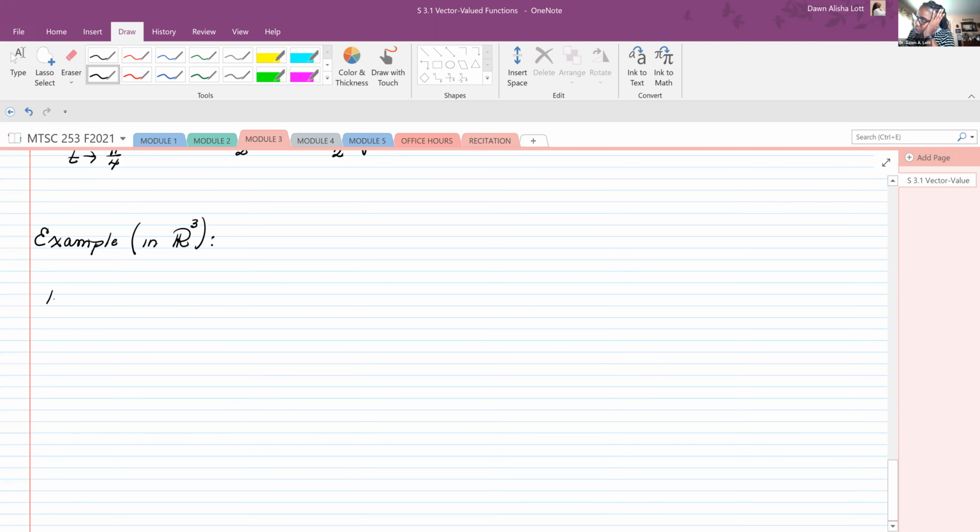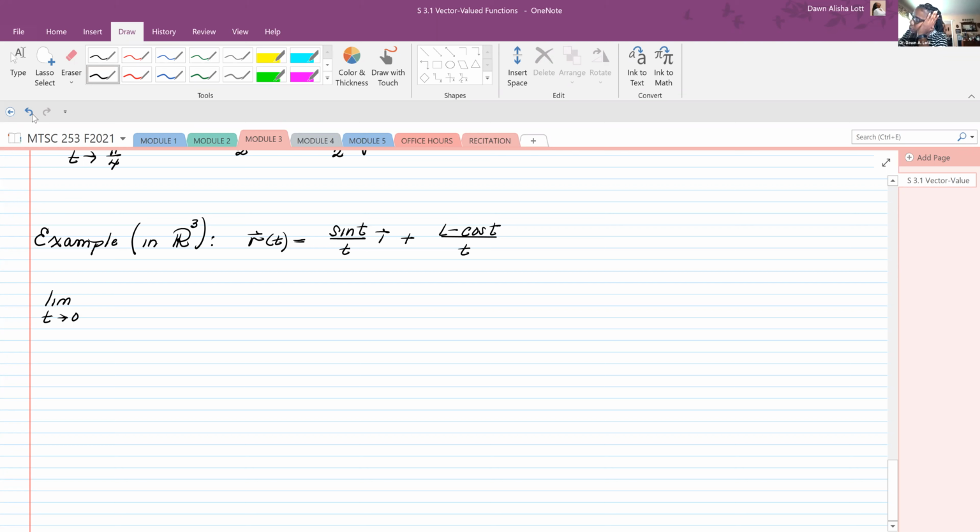The limit as t approaches 0 of r of t is going to be the sine of t over t i plus 1 minus the cosine of t over t j. That's wrong. I want t, wait a minute.